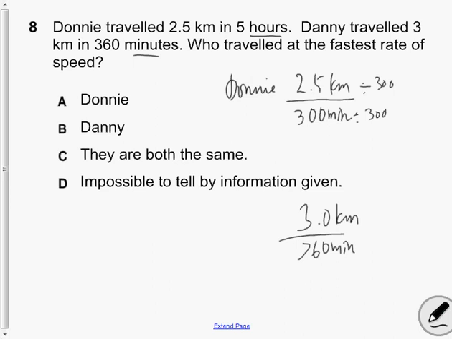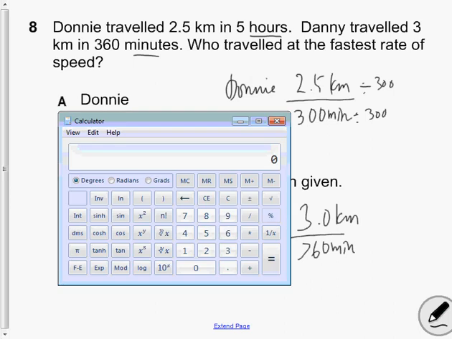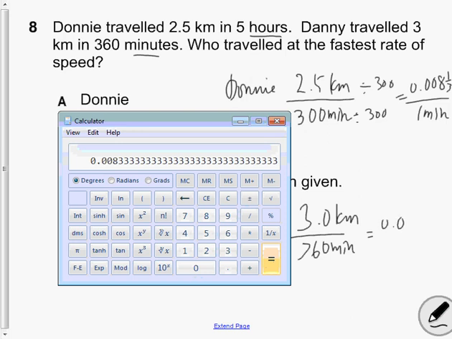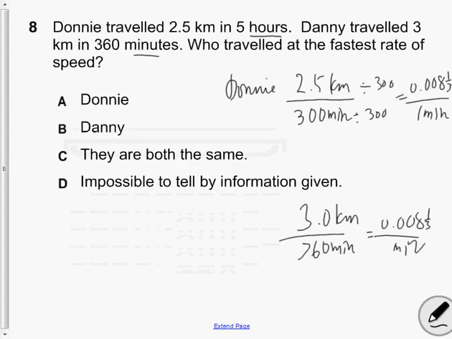We're okay. 2.5 kilometers divided by 300 minutes means he was going 0.008 and a third kilometers every minute. And if we look at the other one, 3 divided by 360, he was going 0.008 and a third every minute, which means C, they were both the same.